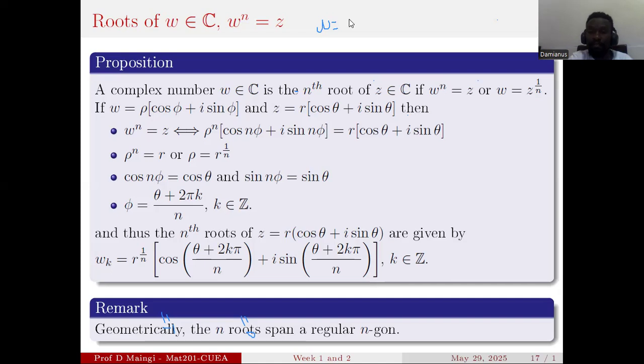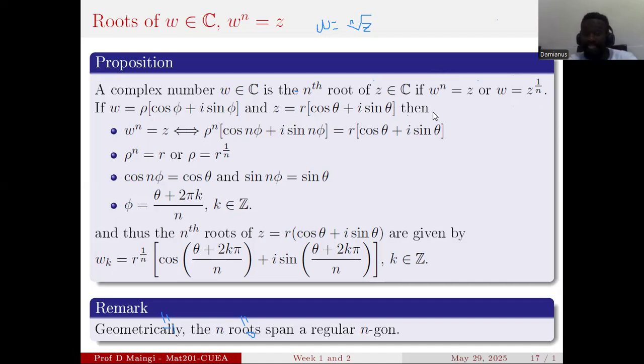This is the nth root. This is equivalent to saying that W equals Z raised to power 1 over n.